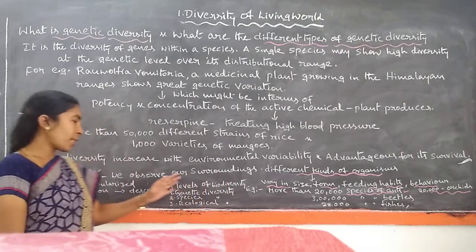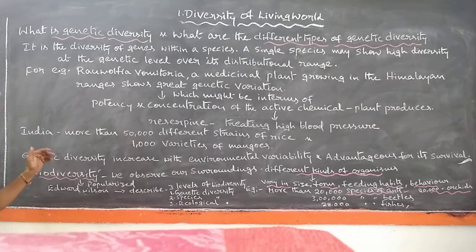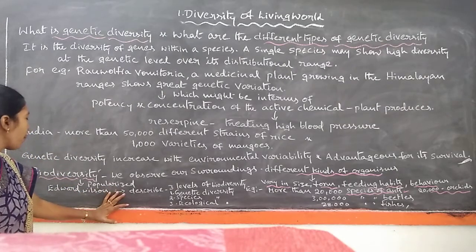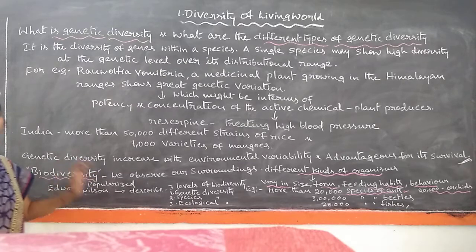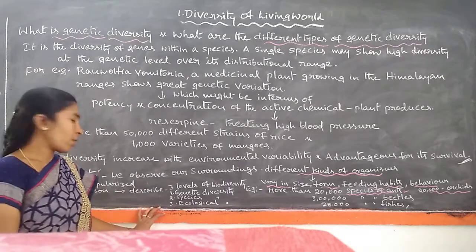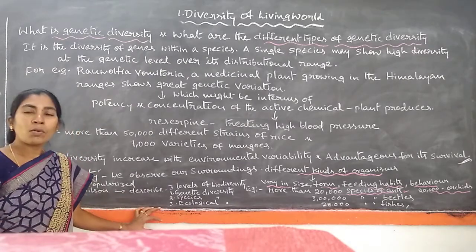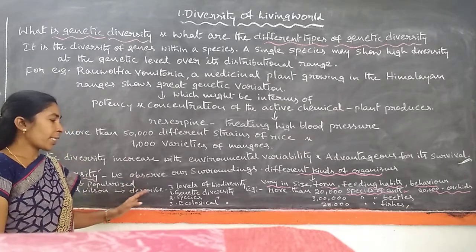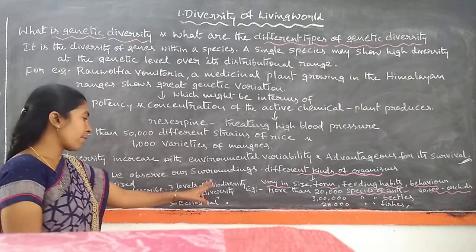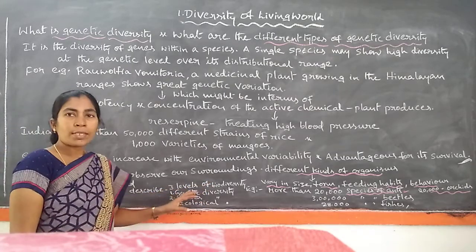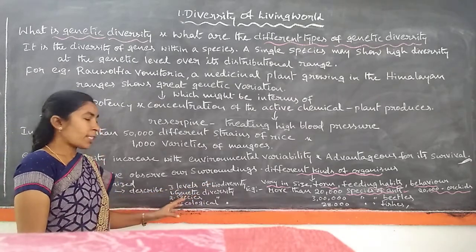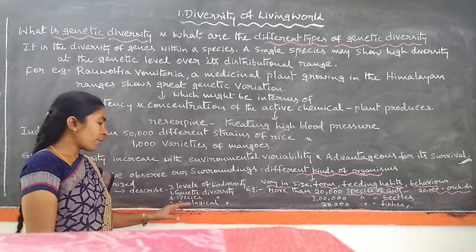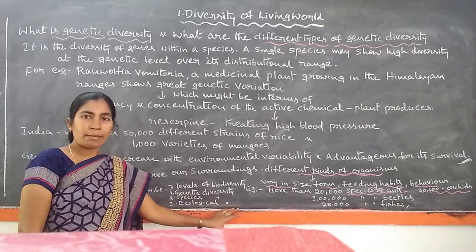He described 3 levels of biodiversity: genetic diversity, then species diversity, after that ecological diversity.